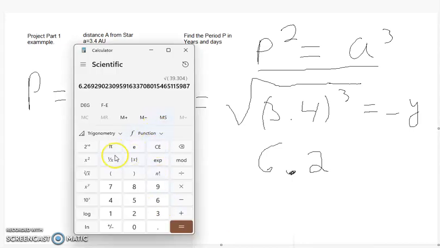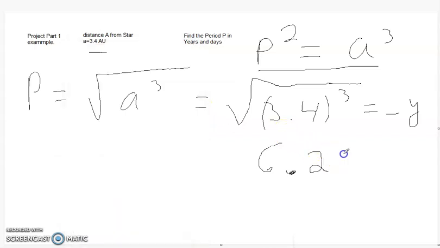It's in my office. Anyhow, so 6.2, and you would round it to 6.27. And of course it's years. So that's 6.27 if we rounded to 2 places past the decimal point. If it was rounded to 1 place past the decimal point, it would be 6.3.